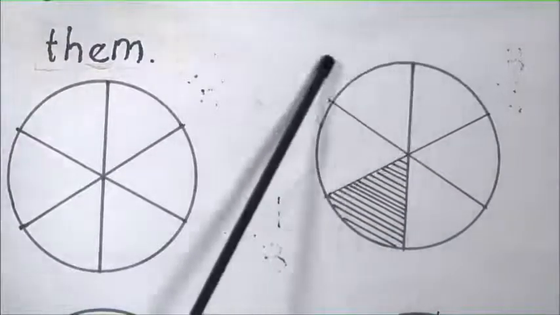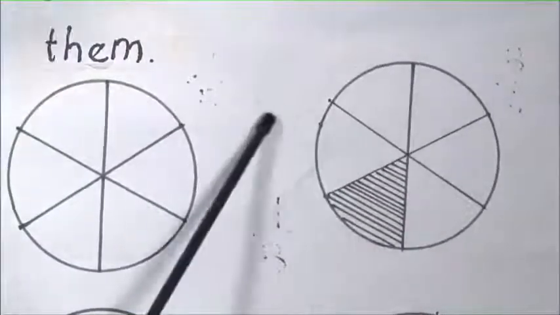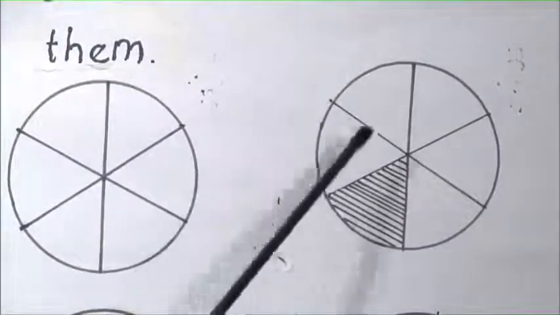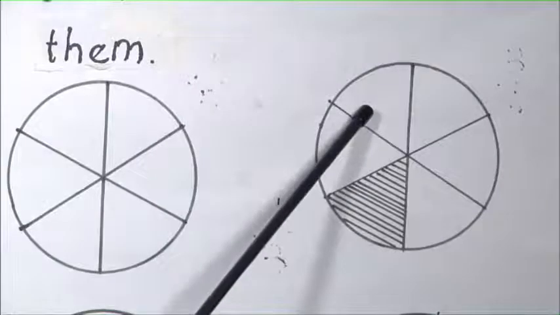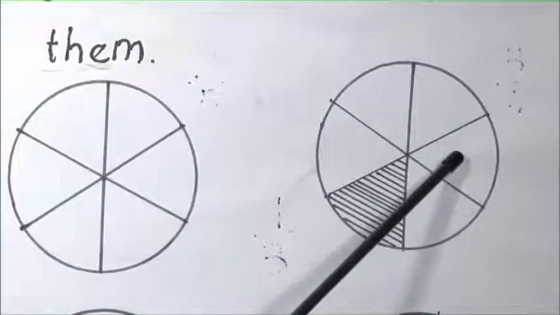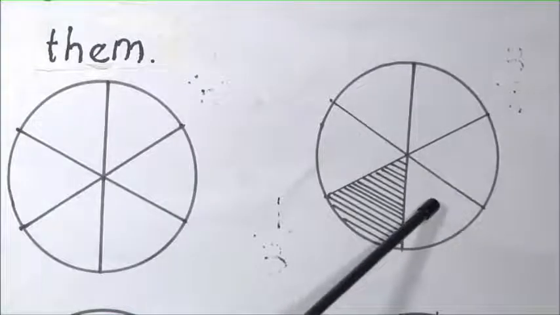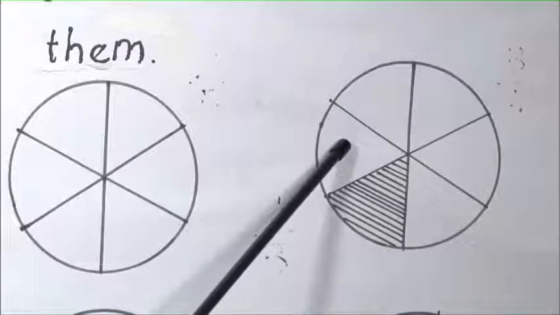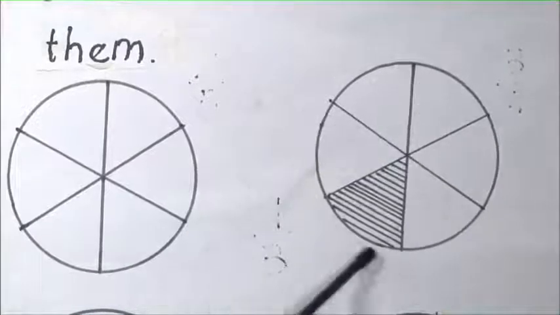Let us look at this circle and count the number of parts in it. We have 1, 2, 3, 4, 5, and 6. Look inside again.